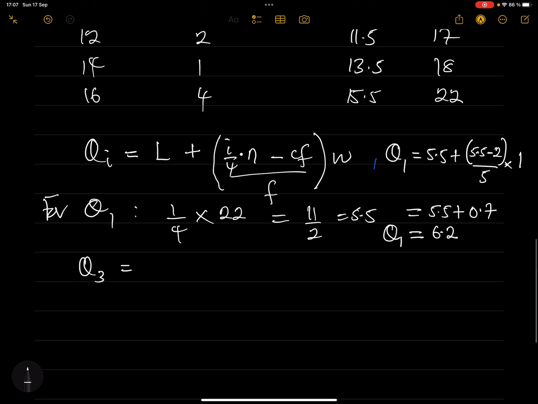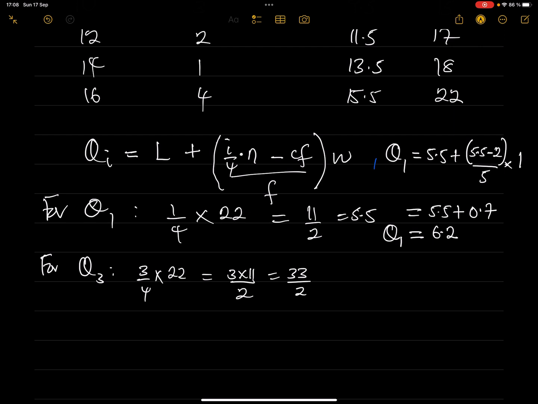So for our Q3, by definition, we are using this formula. So i over 4 multiplied by n will now be 3 over 4 multiplied by n. n is 22. So this will be 3 times 11 divided by 2, 33 over 2. And this gives what?